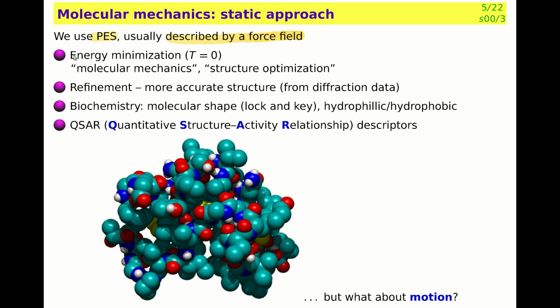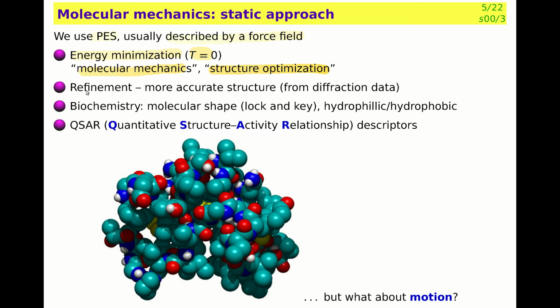We can do energy minimization, which is equivalent to setting temperature to 0. The 0 temperature molecule is energetically minimized, and this is in a strict way called molecular mechanics, or also structure optimization based on a force field. I've already mentioned that this may be interesting sometimes, but not too much.